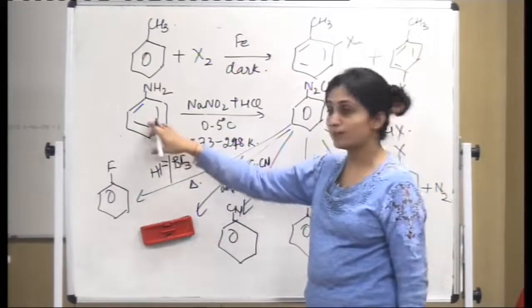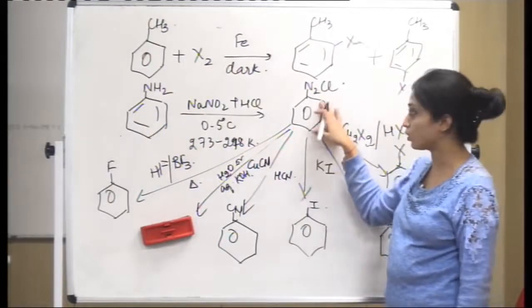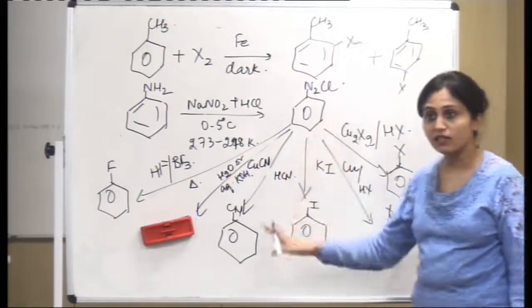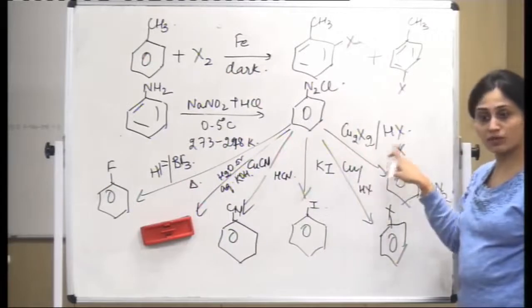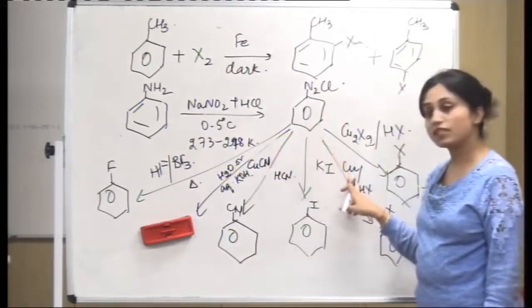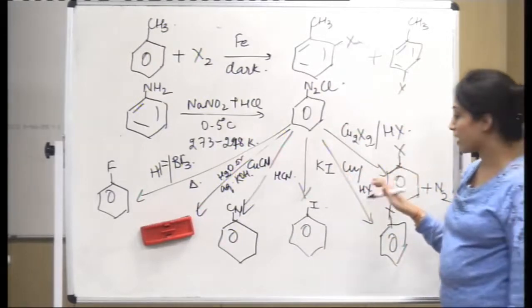From aniline we make it undergo diazotization to form N2Cl. From N2Cl, by doing different types of reactions, we get our haloarenes. How? Cu2Cl2 in the presence of HCl, Sandmeyer reaction, you get haloarene. Then you have copper powder in the presence of your HX, hydrogen halide.